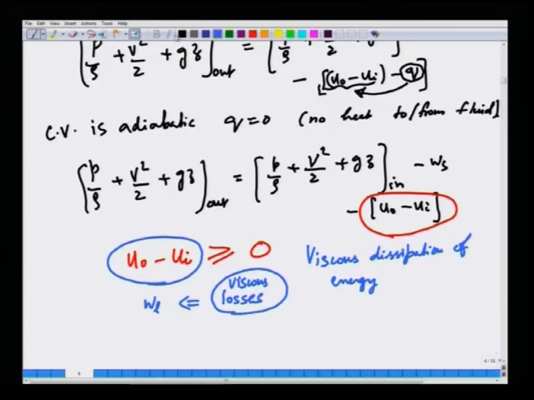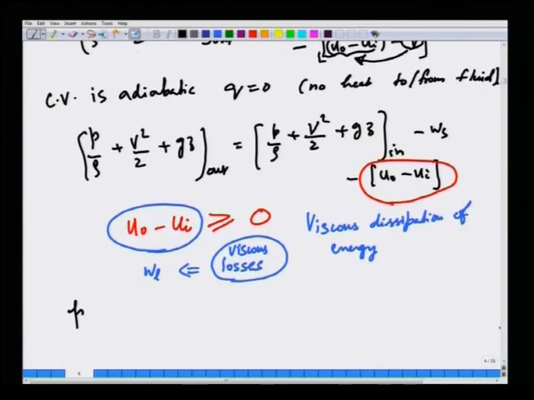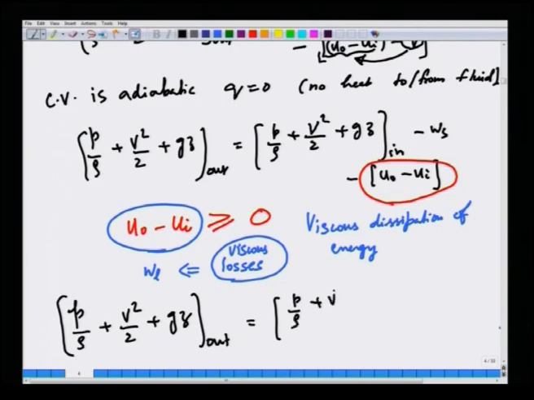So, in engineering fluid mechanics, we will simply for incompressible flows, with all the assumptions of steady uniform flow, one inlet, one outlet and incompressible fluids, the energy equation is normally written as, plus G z at inlet minus W s.